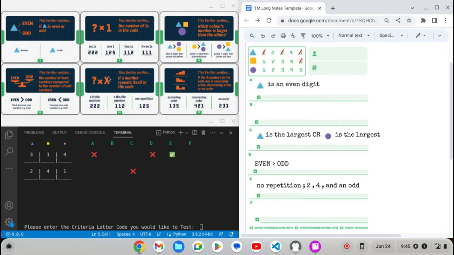So is it worth testing the order first, and then maybe we could deduce that there is no 1? Because if it is increasing, 2, 4, 5, there's no way that 5 wouldn't be the largest, because there's no other way to do that.